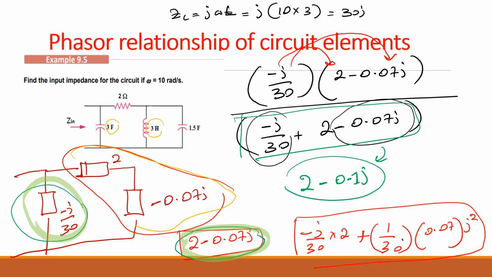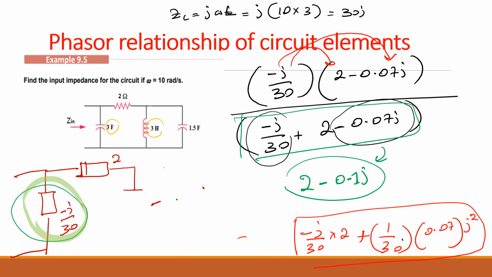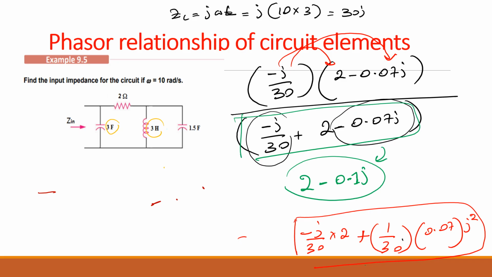Okay. So can you find me the answer, please? I will do my workings, but you have to do your workings and we can double check. So 2 over 30. It should be j squared when you multiply j together, isn't it?